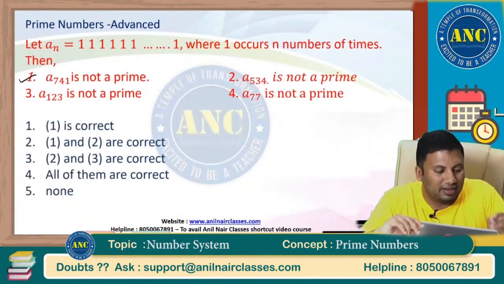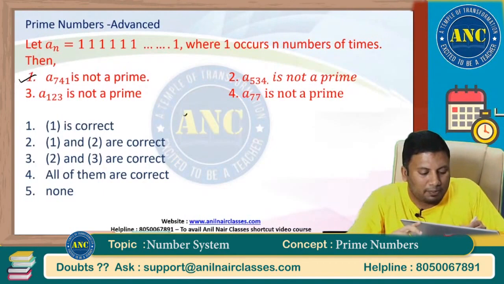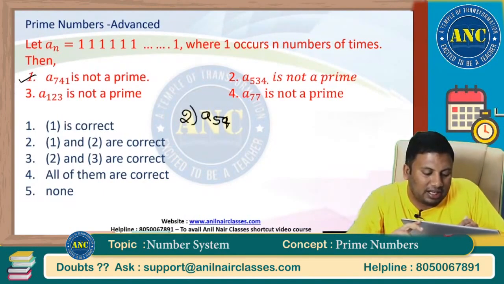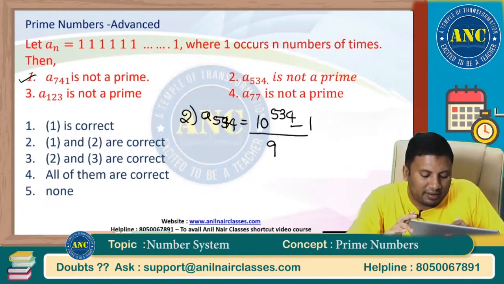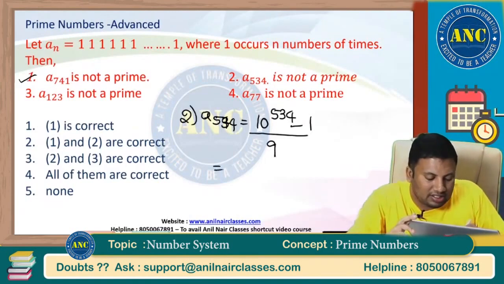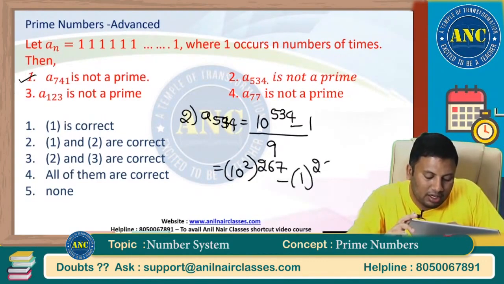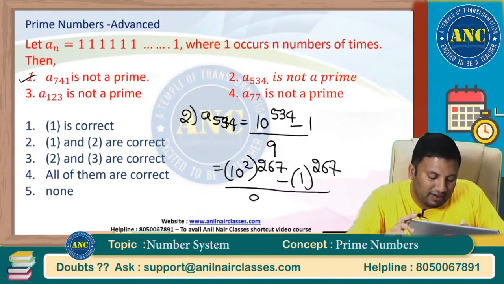A 741 is not prime. Suppose I take A 534. It is nothing but 10 power 534 minus 1 divided by 9. This is nothing but 10 square power 267 minus 1 power 267 divided by 9.